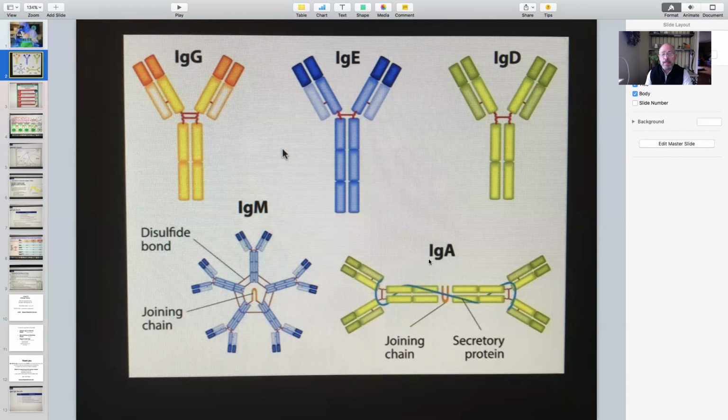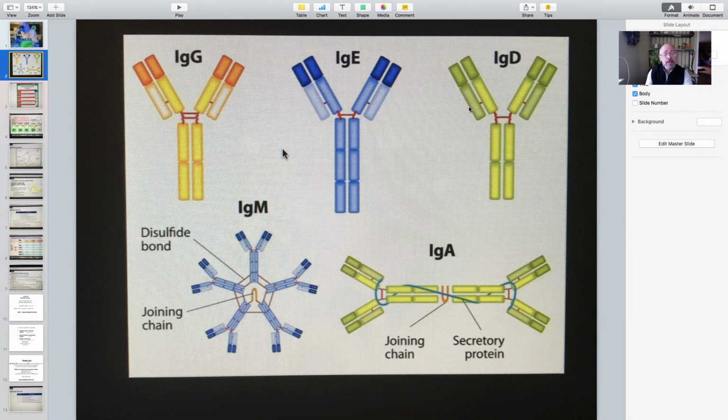The I stands for immune, and the G stands for globulin. So it's an immunoglobulin, or an immune protein. So we have immunoglobulin A, immunoglobulin M, immunoglobulin G, E, and D. Now, there's not a whole lot understood about D. They're not that important. But those are the main categories of antibodies.